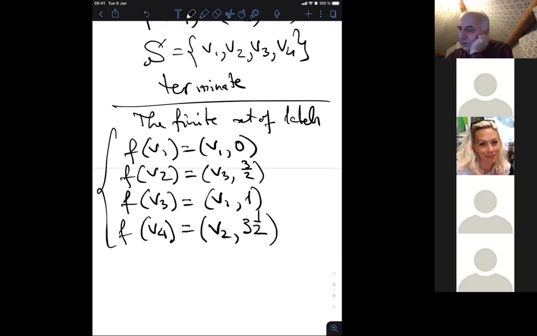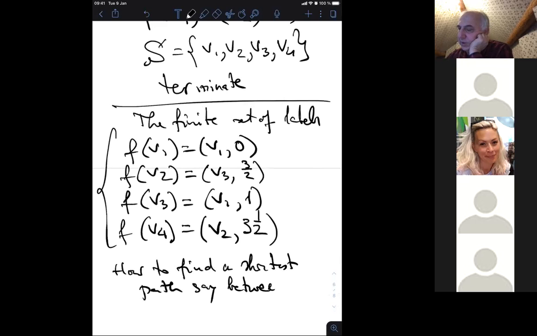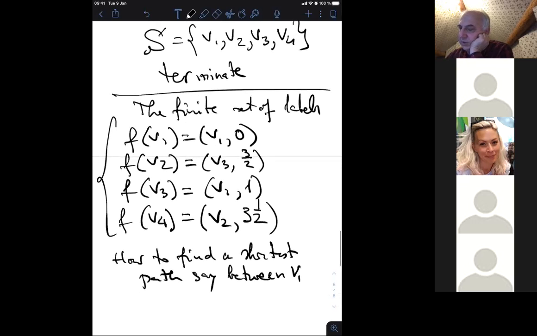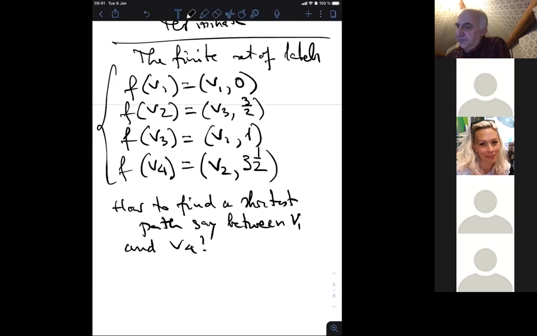How to find the shortest path now? Say between v1 and, I don't know, v4, just as an example. I start with v4 and look at its label.